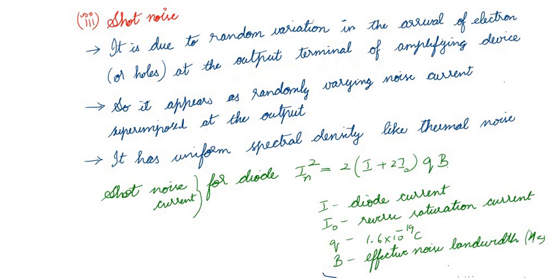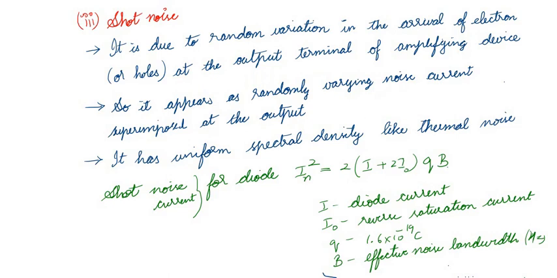That's why it is called shot noise. The random arrival of electrons causes a randomly varying noise current superimposed at the output.